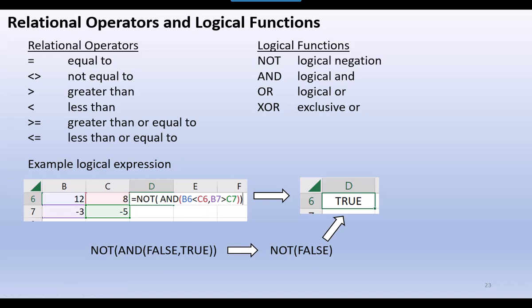Is B6 less than C6? And that's false. And is B7 greater than C7? And that's true. So we've got a false and a true with an and, which will give us false, but then we reverse that with the not function, and a false becomes true. And that's what's shown down here.